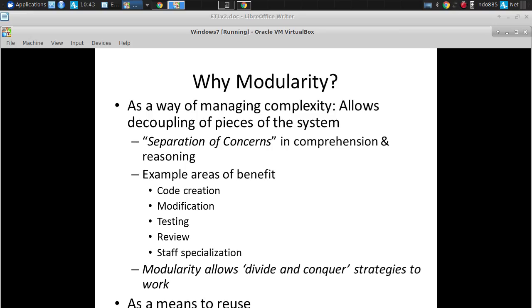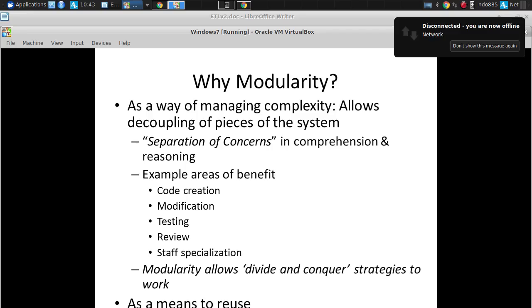And what that means is you know where to go to fix what sort of issue, and you can swap out the pieces. So if you want your system to be tested, you put in a mock for the interface to the server, and now you can test this thing without actually depending on network connectivity.